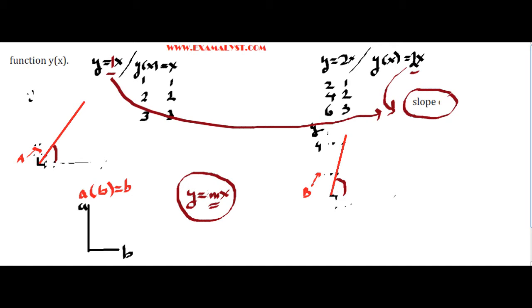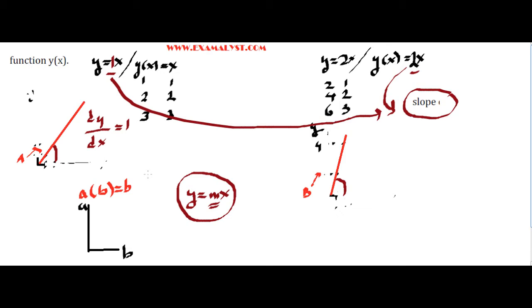My question is, how can you get this number m? It's very easy. For example, how about you differentiate? I hope you know a bit about differentiation. Let us see this. If I differentiate y equals x, dy by dx, what value do I get?